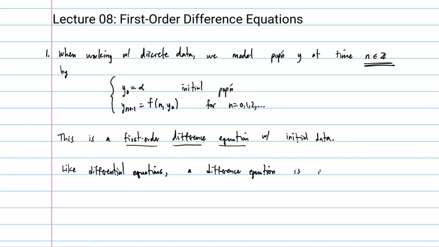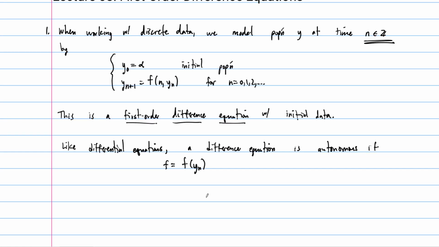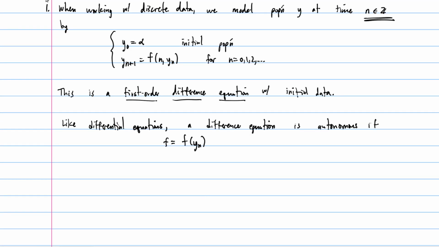A difference equation is autonomous if f is just a function of the previous value. In other words, it depends on y sub n, but not on n. So that's the difference. There's no n here.